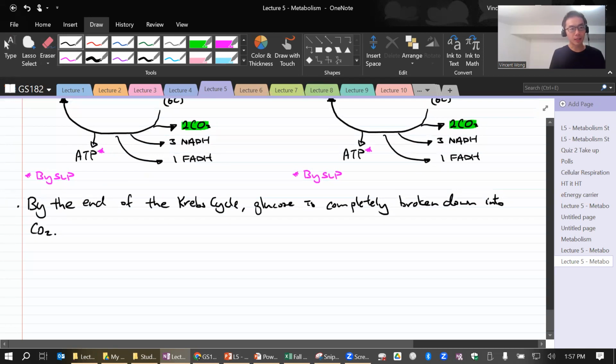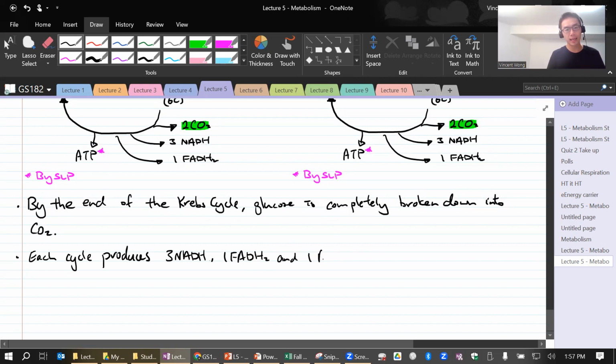Okay, so a couple of other things to pay attention to. Each cycle produces 3 NADH, 1 FADH2. I'm sorry, I'm missing the 2 here.